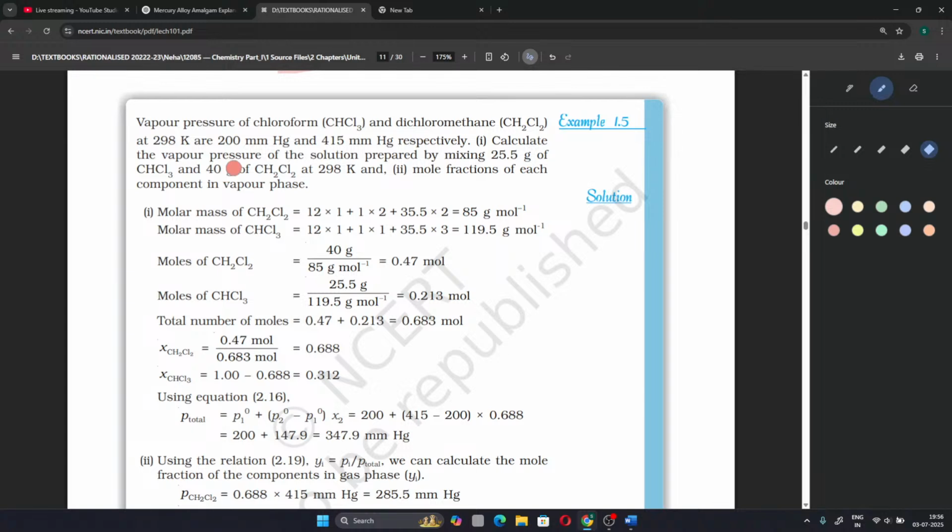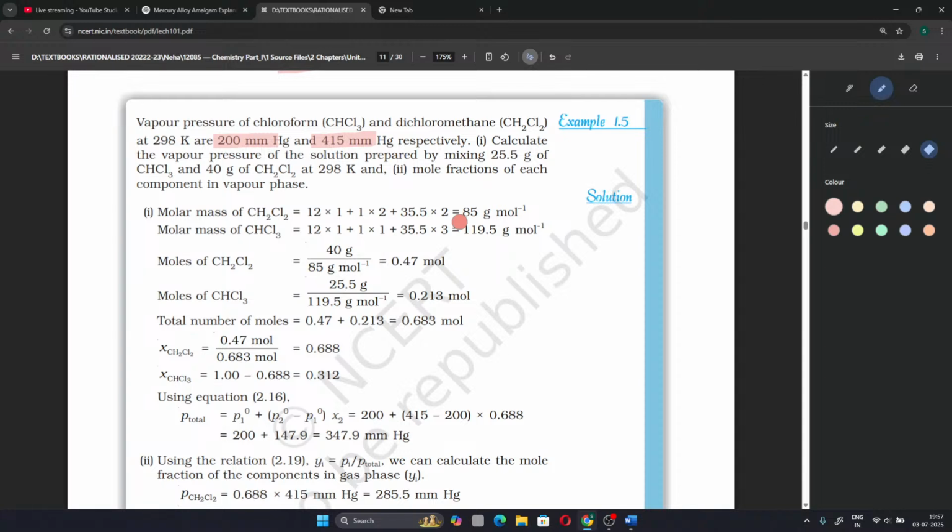Basically, they gave values of 200 mm and 450 mm. These are the P01 and P02 values. They gave P naughts.